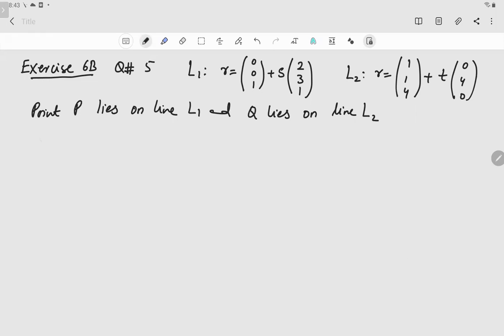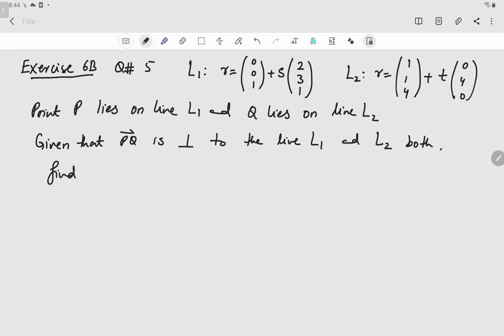Given that PQ is perpendicular to both lines L1 and L2, find the position vectors OP and OQ.